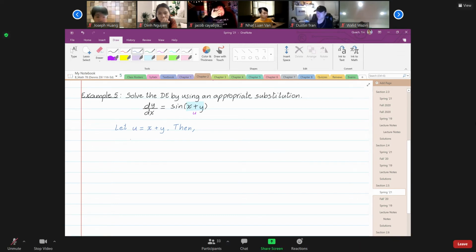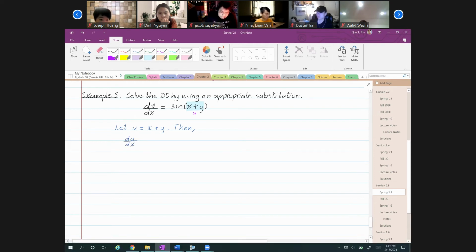So from here, the derivative of u with respect to x is the derivative of this sum. The derivative of x is 1, plus dy/dx. So from here, dy/dx is equal to du/dx minus 1.